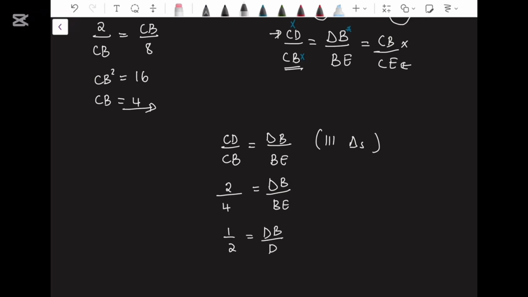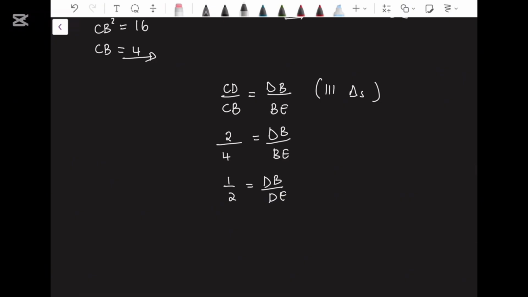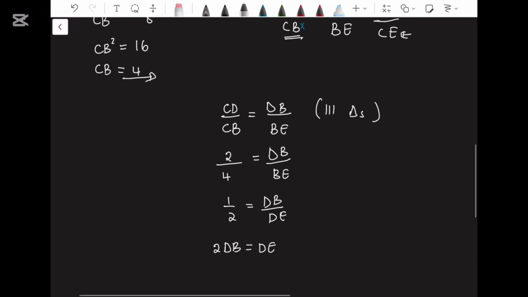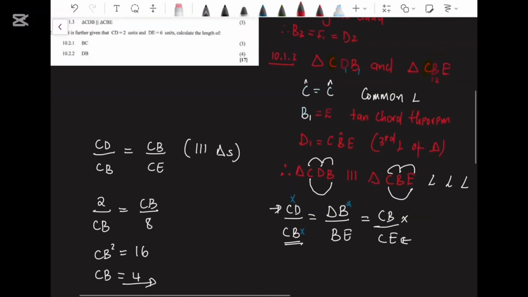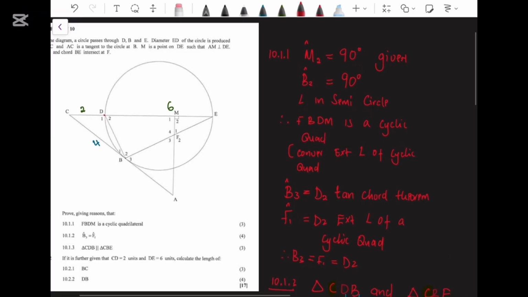over DE. And then we can write this as 2DB is equal to DE. So DE, let me go back to the diagram. Where is DE?